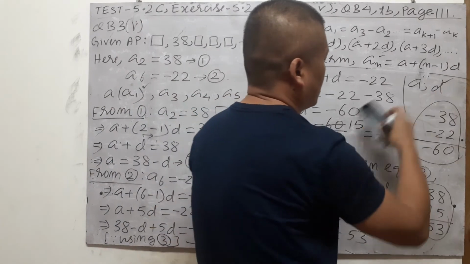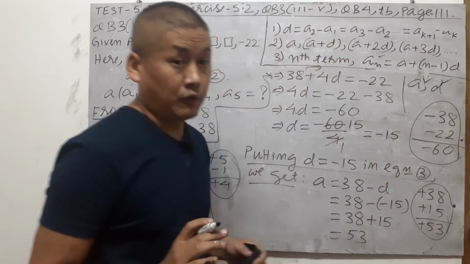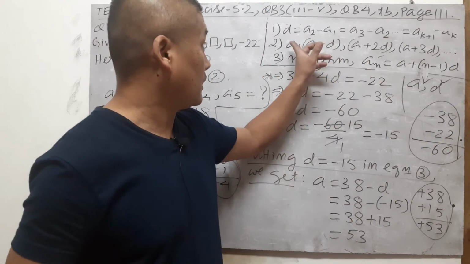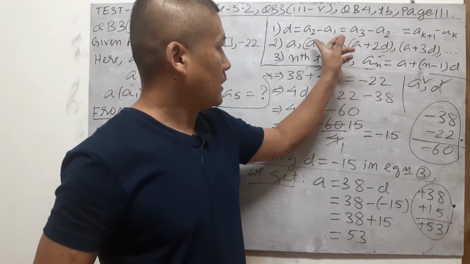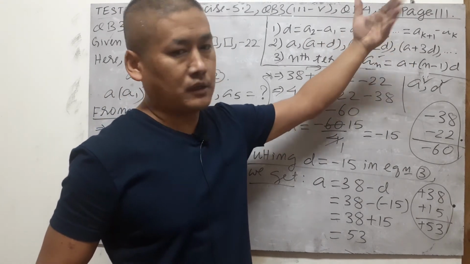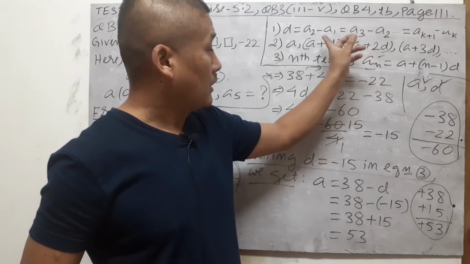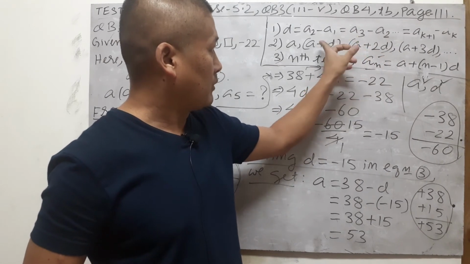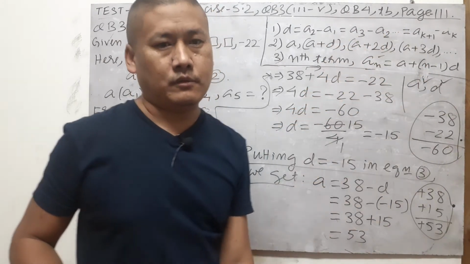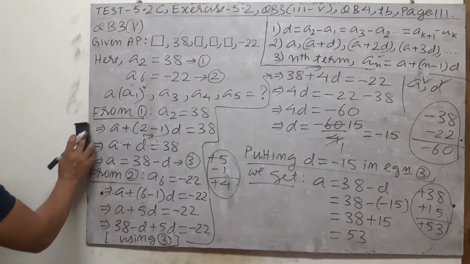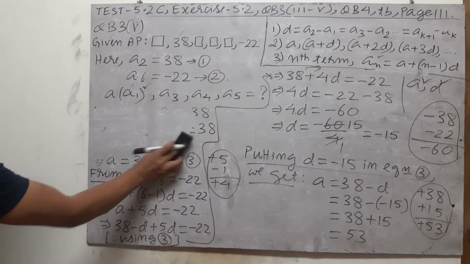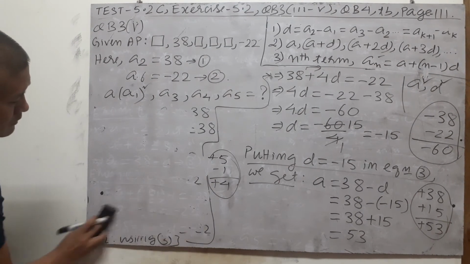Both a and d are there, which means we can now find any missing term by using the second formula, because the second formula is the formula for finding the missing term, and in that formula only a and d are required. So a and d are found out. So you can finally write down the missing terms.